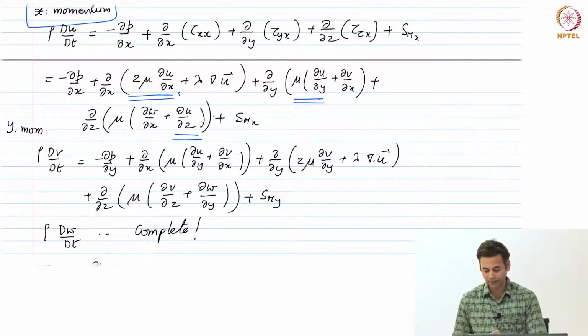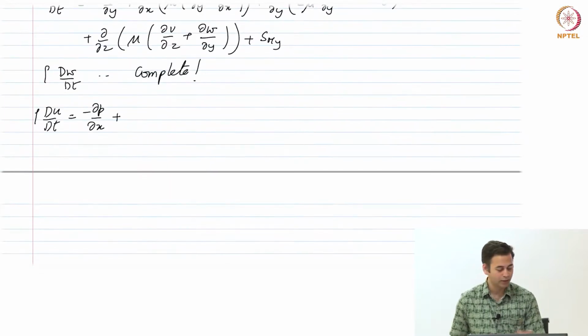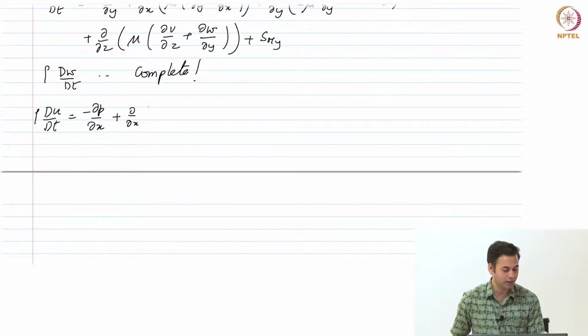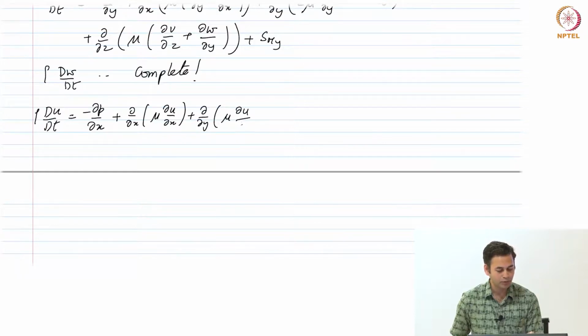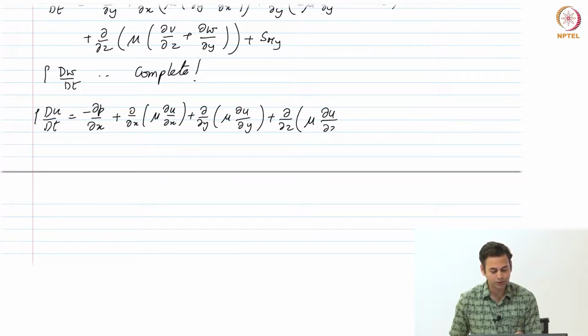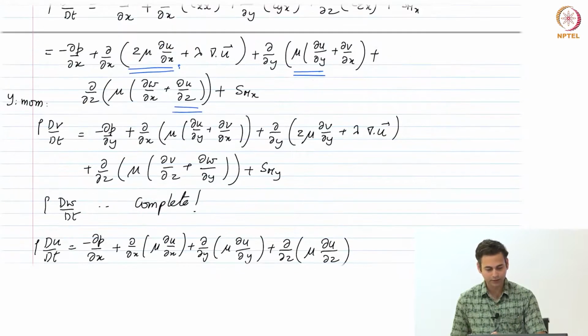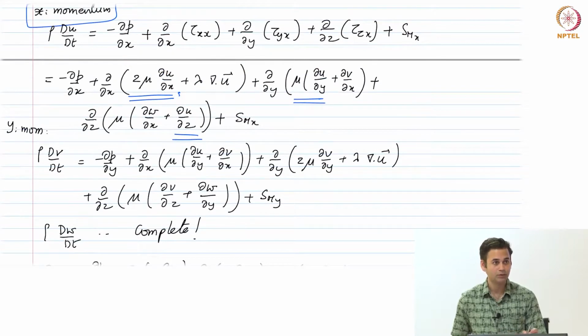Those are the three terms we are writing together. So, that means ∂/∂x of μ ∂u/∂x plus ∂/∂y of μ ∂u/∂y plus ∂/∂z of μ times ∂u/∂z. Is that correct? Yeah.